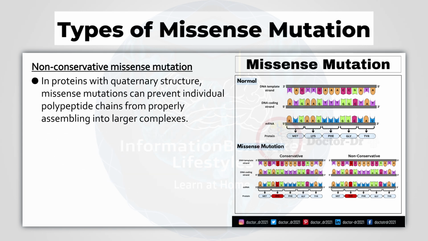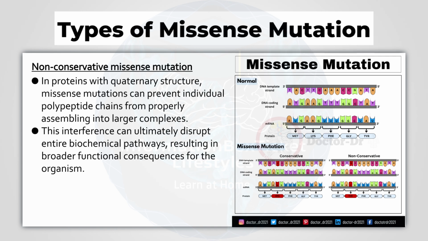In proteins with quaternary structure, missense mutations can prevent individual polypeptide chains from properly assembling into larger complexes. This interference can ultimately disrupt entire biochemical pathways, resulting in broader functional consequences for the organism.